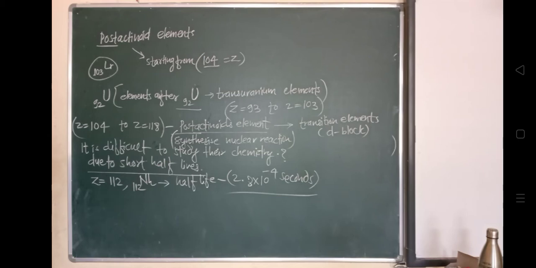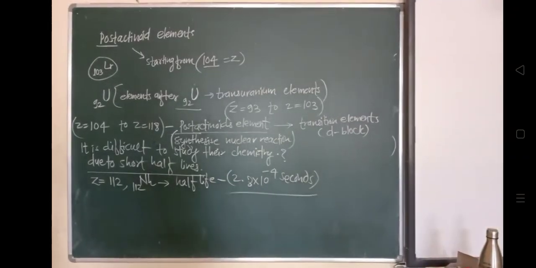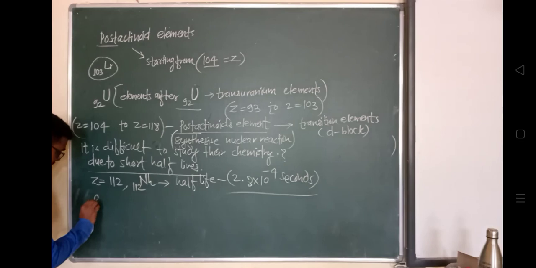Zirconium also reacts with chlorine to form a chloride. In the plus 4 oxidation state, zirconium and hafnium form similar chlorides to rutherfordium chloride.